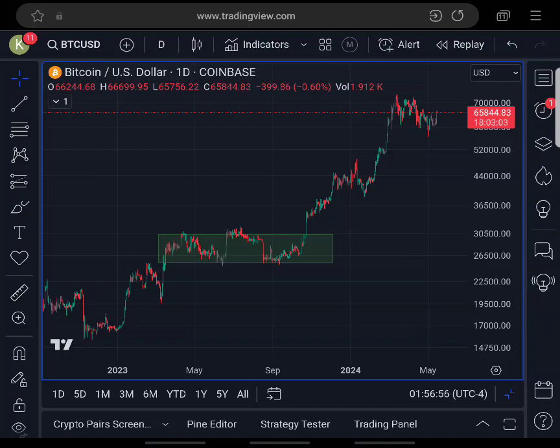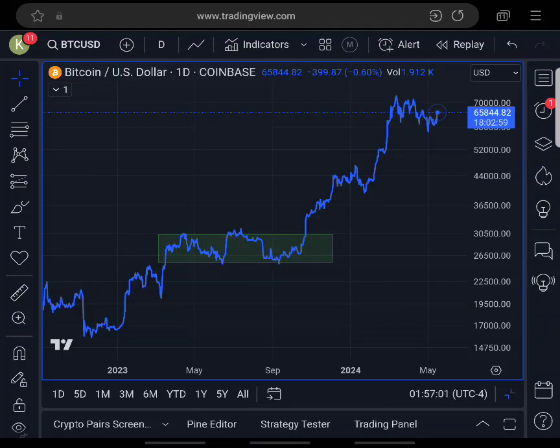So what I would like to bring to your attention is the line chart. The line chart is important to pay attention to because it gives you the closing price, and that is how I determine trend. You can use trend lines to determine trend. That works as well.